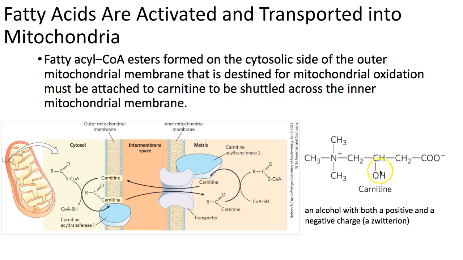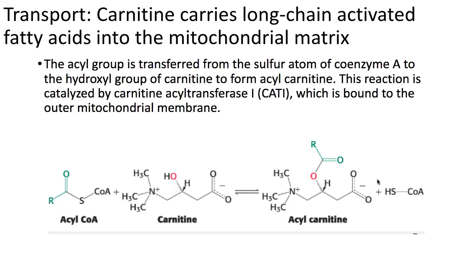So you have this hydroxyl group that is free and can interact and be functionalized, where the fatty acid gets attached to that hydroxyl group, and then now you have your free coenzyme A that's ready to activate other fatty acids.